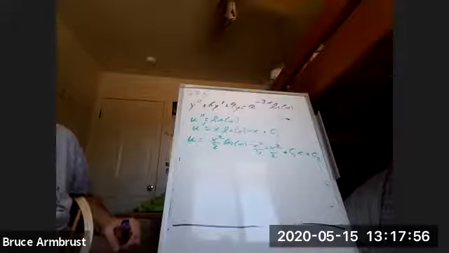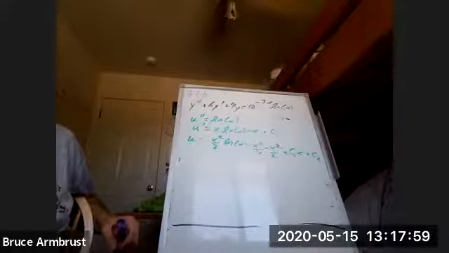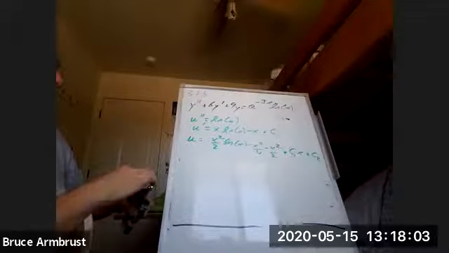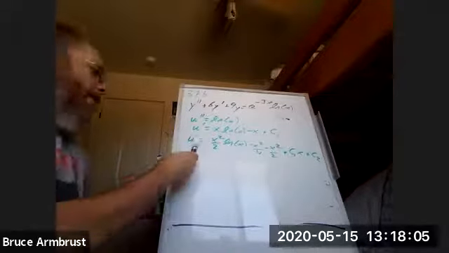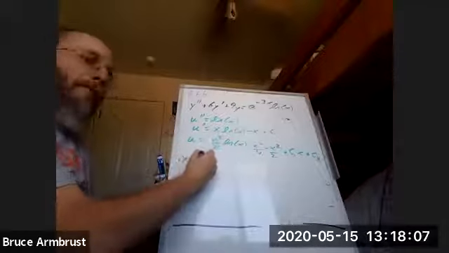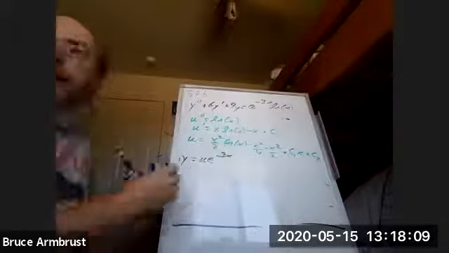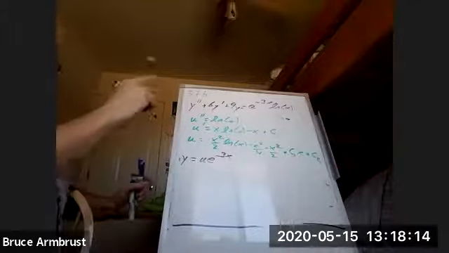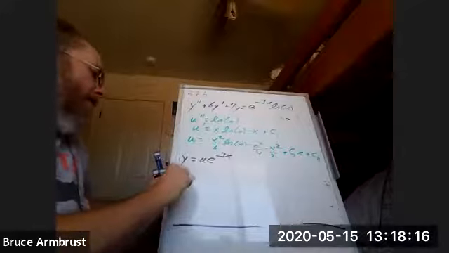But remember what u was. It was the integrating factor. So from this, we can write then that our solution is going to be, again, it's u times e to the minus 3x. So we'll just multiply that by e to the minus 3x.